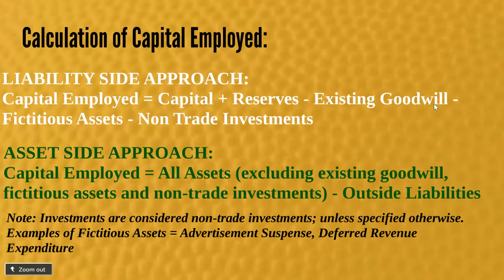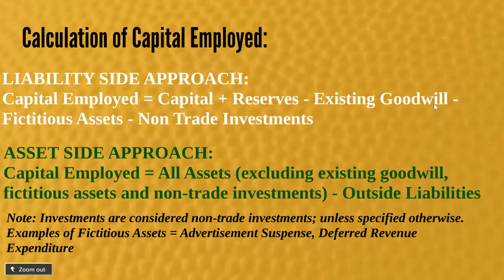To calculate the capital employed or capital invested in the business through the asset side approach, we need to take all assets from the asset side of the balance sheet, but we need to exclude the existing goodwill, the fictitious assets, and the non-trade investments. And after we take this figure, we need to deduct the outside liabilities.